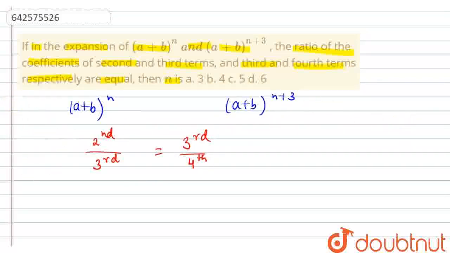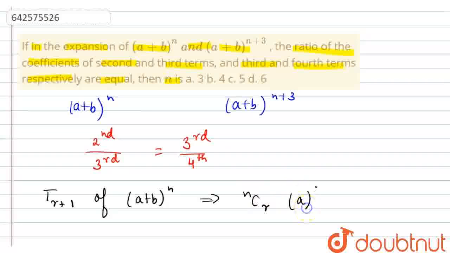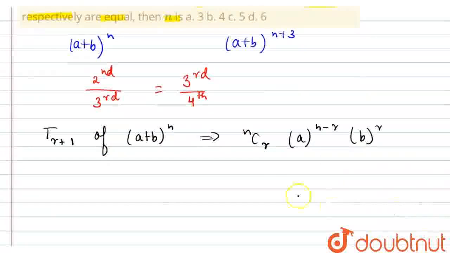So now what we will do here, we know that if T(r+1) is the general term of the (a + b)^n expansion, then we can write nCr into a^(n-r) and b^r. So we know this.